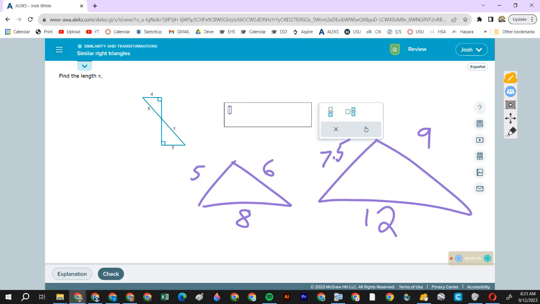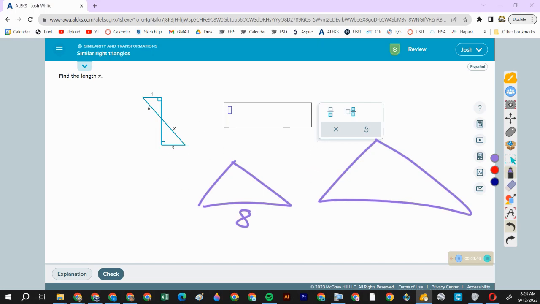Okay. Well, what if I don't know any of the side lengths? Is it possible to determine that two triangles are similar without knowing any of the sides? The angles. What do we know about the angles of similar triangles?